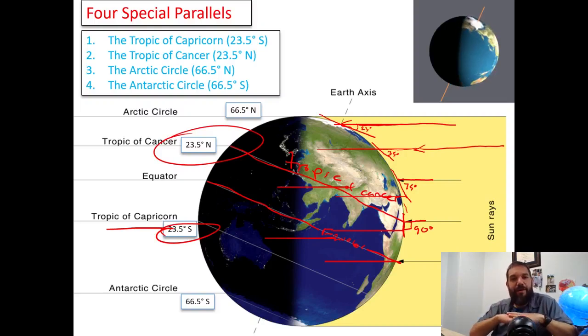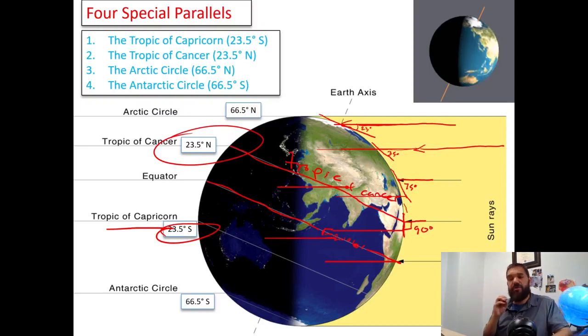So those lines are not just made up. It's not like somebody just looked at Earth and said, hey, it's hot here, so we're going to call this the tropics, and it's going to be between 23.5 north and south. That's the hot place. No. It has everything to do with geometry.